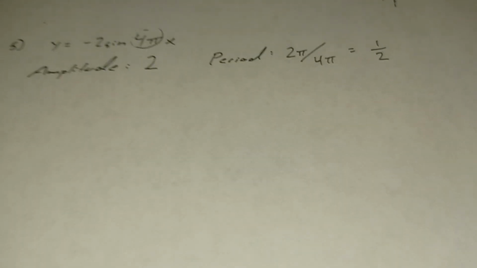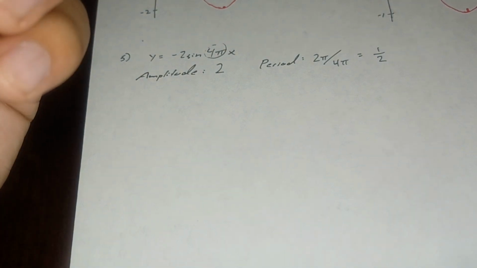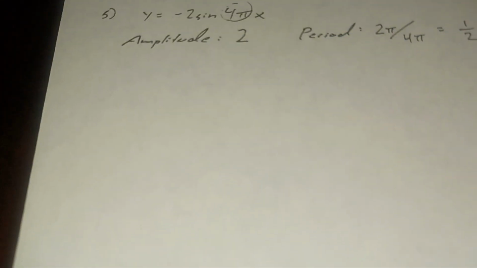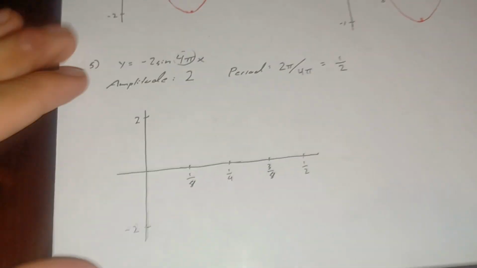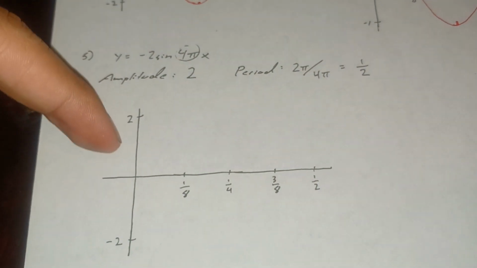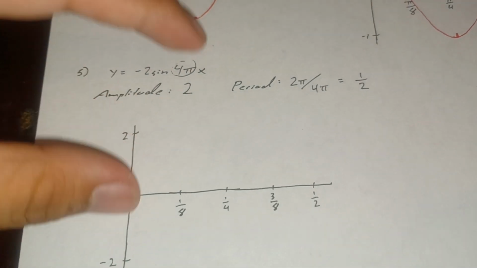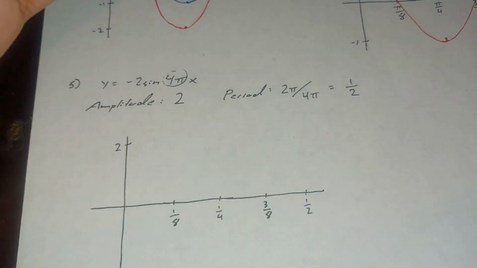So again, we're just going to go ahead and draw the x and y axis and then label it so that our period is 1 over 2. So this is going to be our axis labeled. This is, again, amplitude of 2, so it goes all the way up to positive 2 and all the way down to negative 2. So we have our period of 1/2.